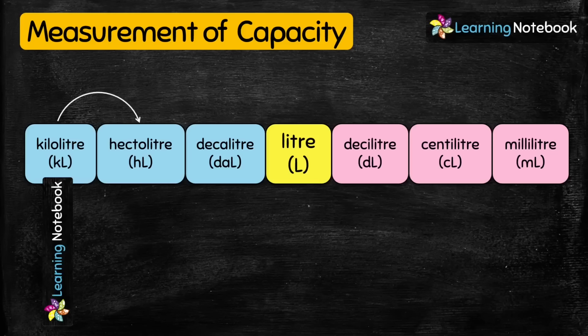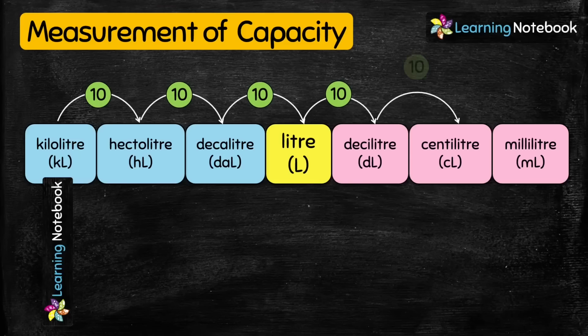Now let's see how to convert a higher unit into a lower unit. To move from one unit to the next unit, we will multiply by 10. So it means we will use the same method as we followed in measurement of length and measurement of mass.